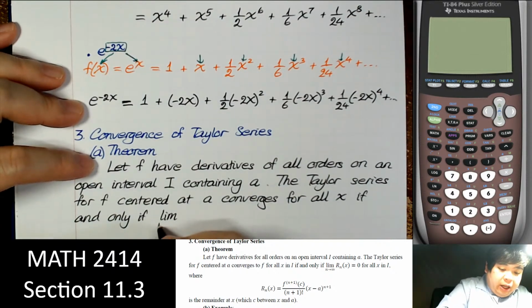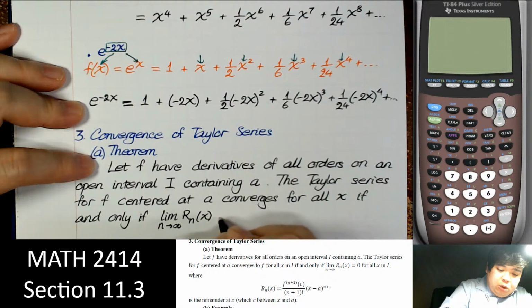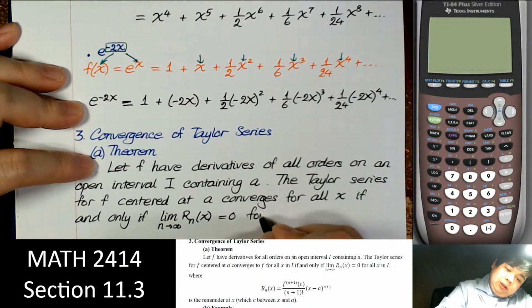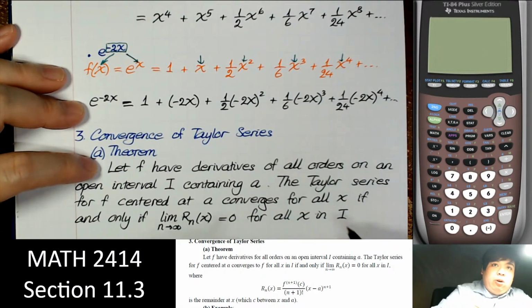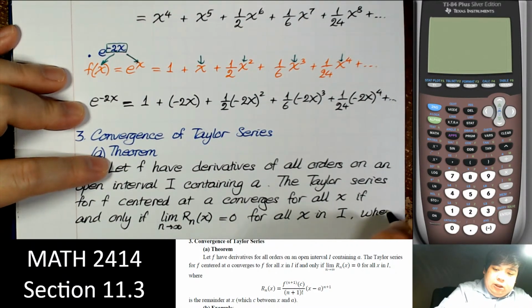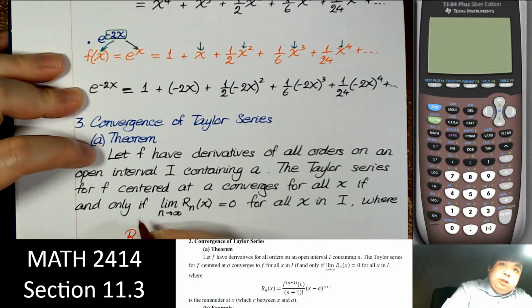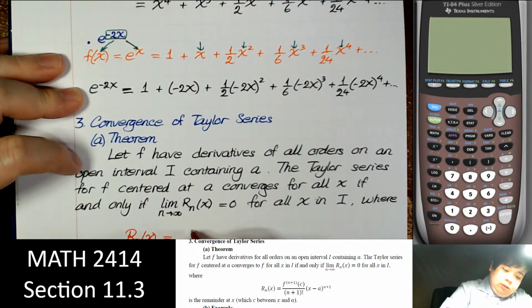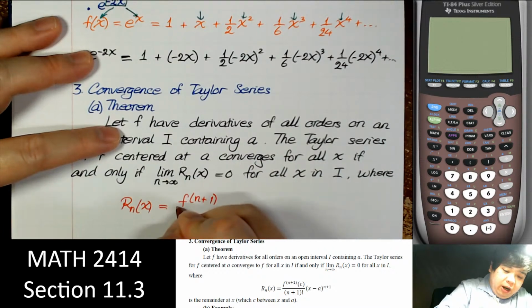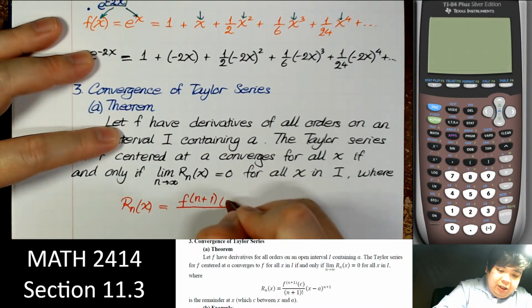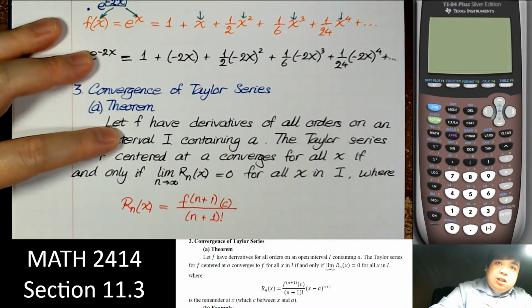So it is convergent if the remainder goes to 0, for an x in the interval where the remainder is defined as this.